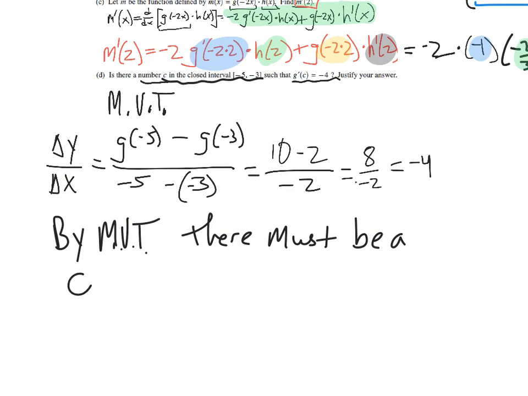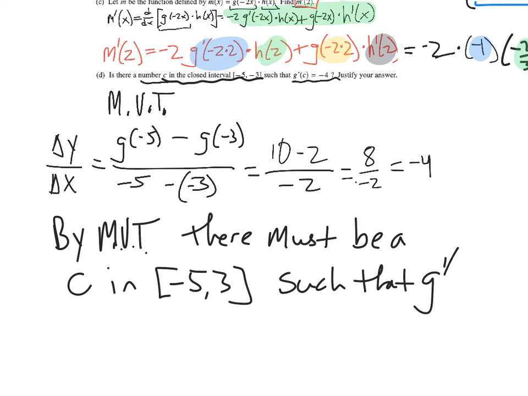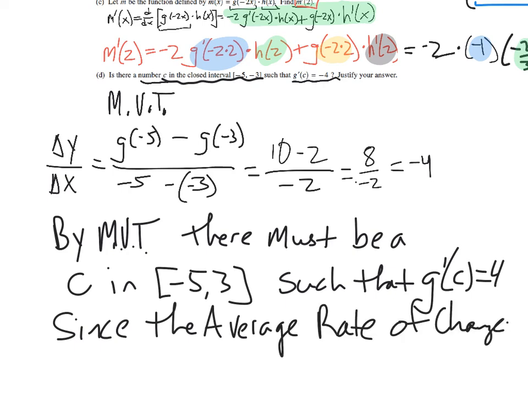A C in the interval negative 5, negative 3, such that g prime of C equals negative 4, since the average rate of change is negative 4, right? Is negative 4. Oh, I lost a negative there. All right, so that's what the mean value theorem says.